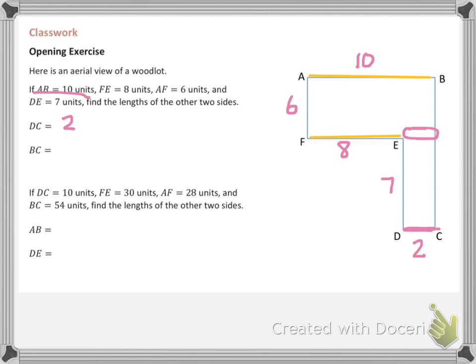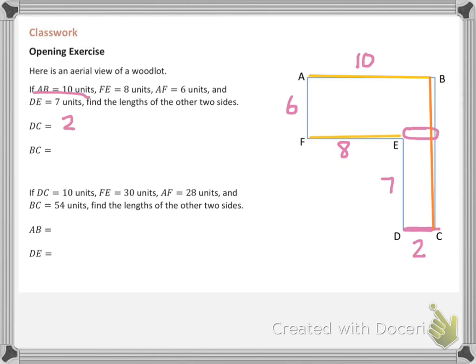And then I have another one I need to find, and that's BC. So BC, let's see, let me get another color here. BC is this distance here from B to C, and I'm going to look opposite.